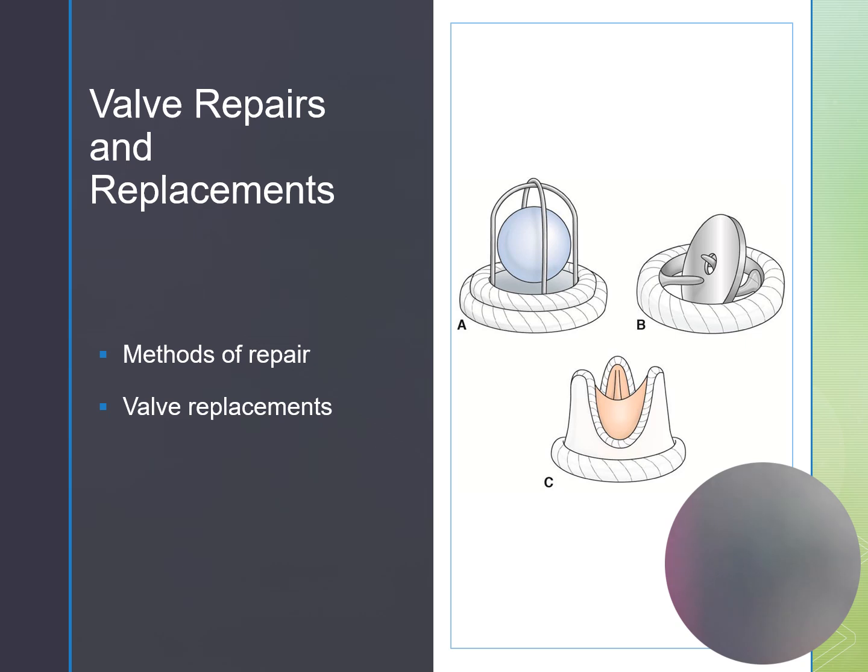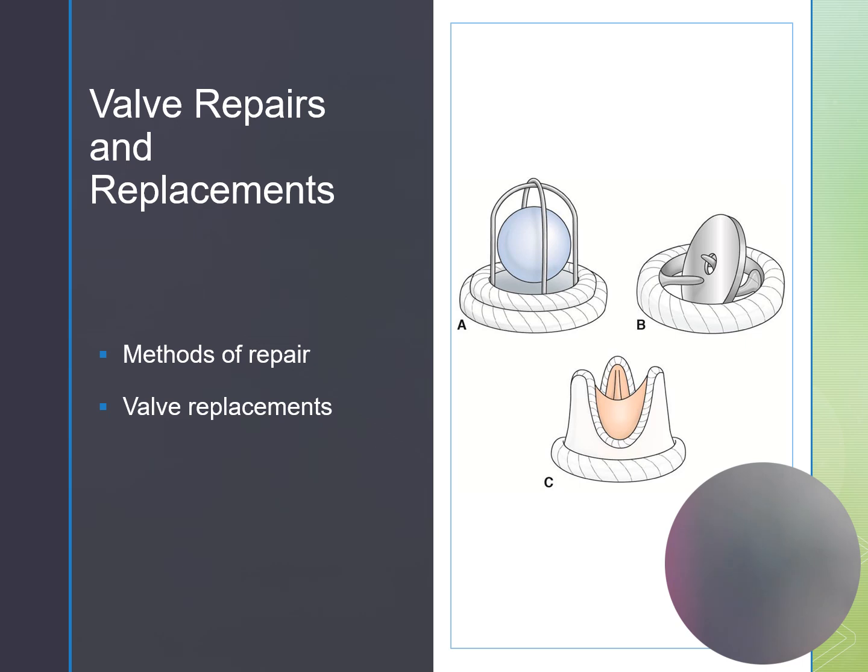Another type of cardiac surgery that we might do would be valve repairs or replacements. There's a variety of ways of completing this repair. We can do the commissurotomy, where we open adhesions in the valve cusps. It does require a thoracotomy, where we're opening up the chest wall.